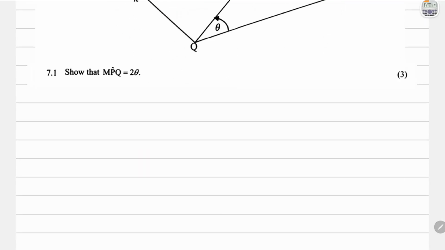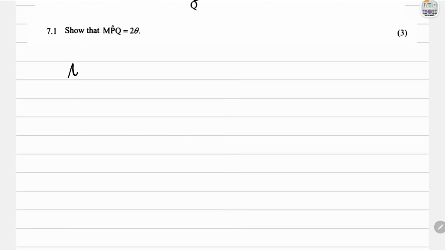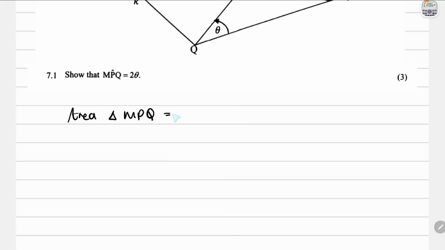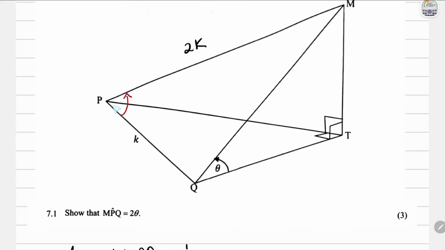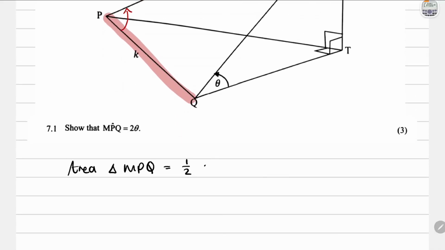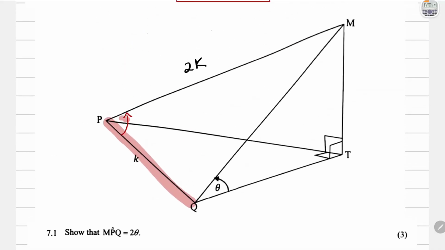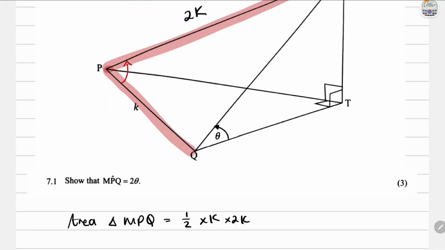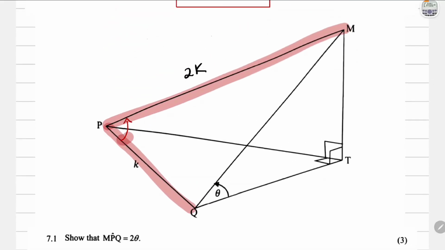I'm focusing on this triangle, right? So the area of triangle MPQ, to calculate this, the formula we would use is a half multiplied by the side next to our focus angle. So a half times PQ, which we can see is K, multiplied by PM, which we can see is 2K, and then multiplied by the sine of that center angle.